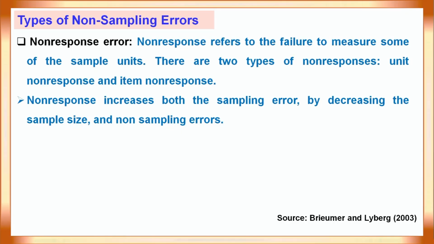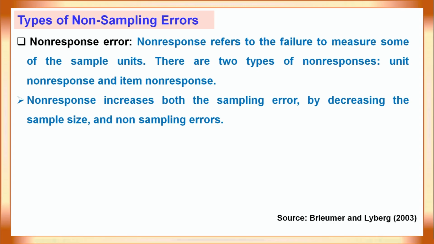And one last type of non-sampling error is the non-response error. Non-response refers to the failure to measure some of the sample units. There are two types of non-response: unit non-response and item non-response. In the process of answering, due to interviewer fault or respondent fault, certain items may be missed.